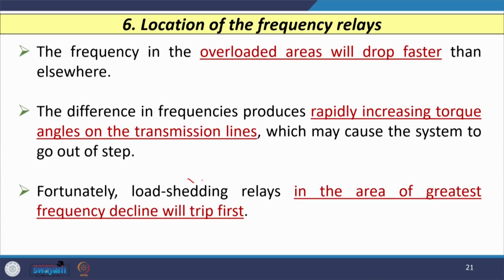So, the difference in frequencies will definitely produce increasing torque angles on the transmission lines, which may cause the system to go out of step. However, in most cases, in the areas where the greatest frequency decline is observed, load shedding relays will operate first.